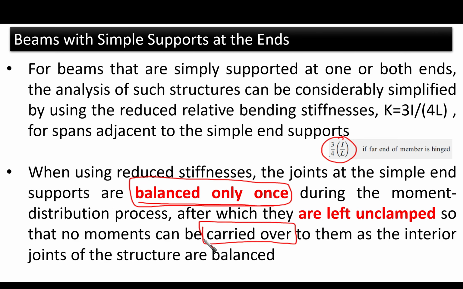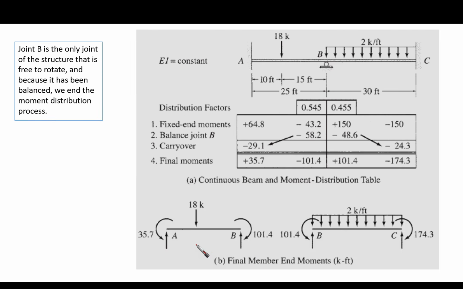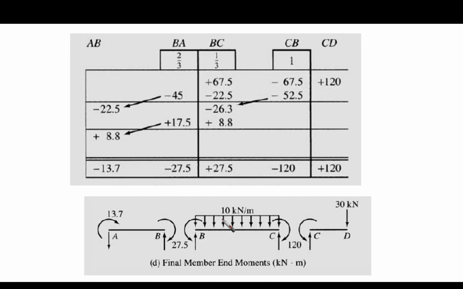There are no carryover moments that are going to go to these ends, as the interior joints of the structure are balanced. So this means that this moment cannot be carried over here. Why? Because this simple end, point C, is balanced only once, one time.